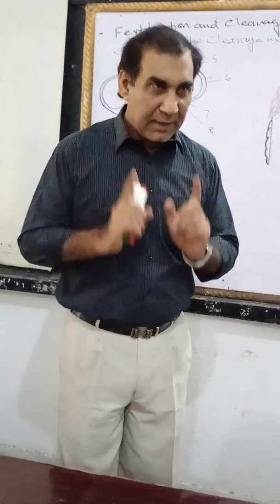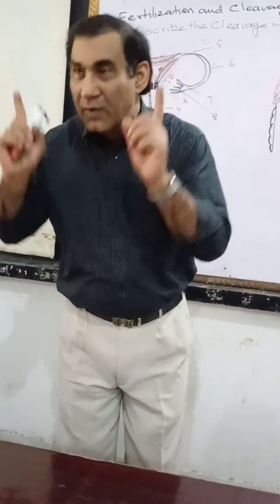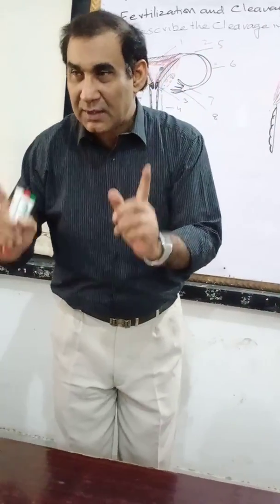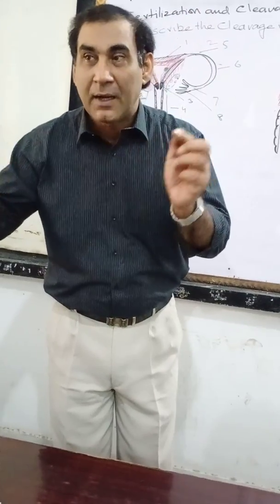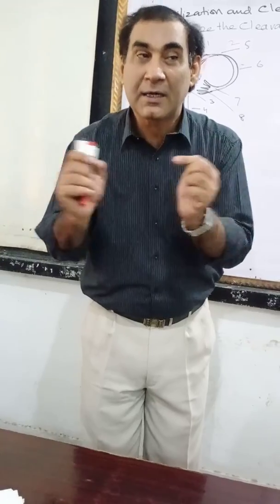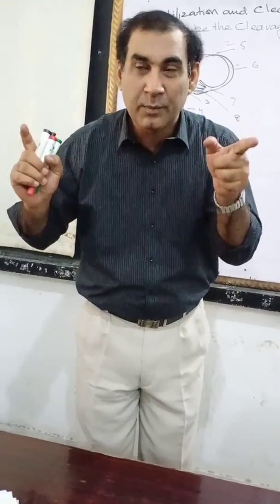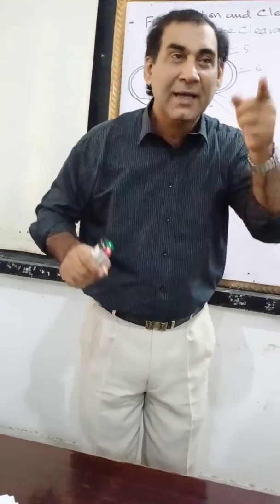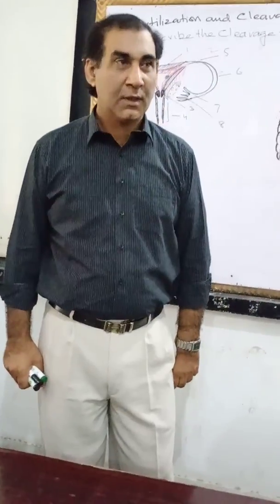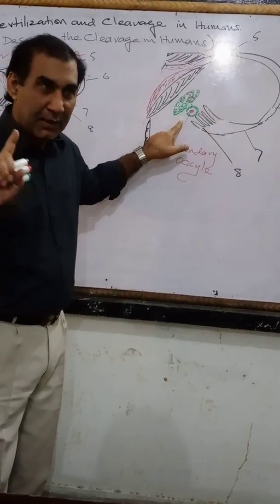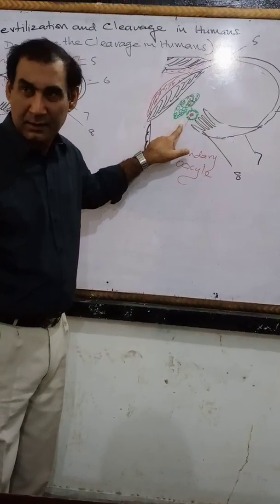I will tell you today once for all that fertilization in case of humans takes place not between sperm and ovum, rather between sperm and secondary oocyte. So something which is released, that is secondary oocyte. Taken the point?